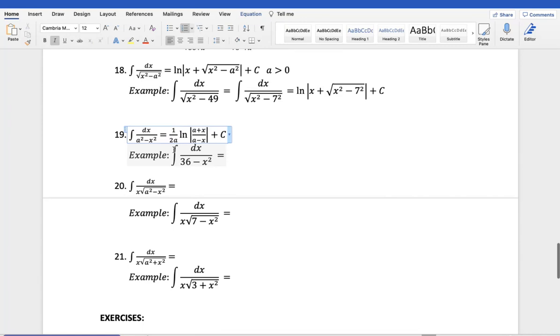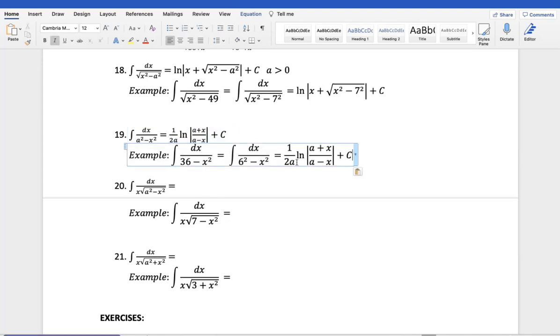Now, if we look at this example, the integral of dx over 36 minus x squared is just similar to the integral of dx over 6 squared, which is just 36, minus x squared. So for this specific example, our a is equal to 6.